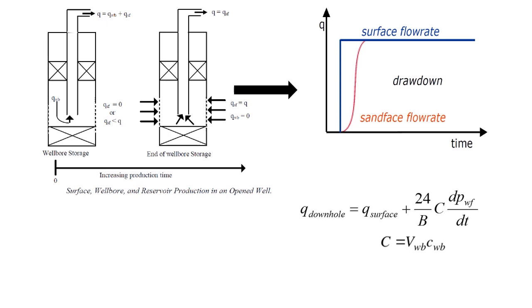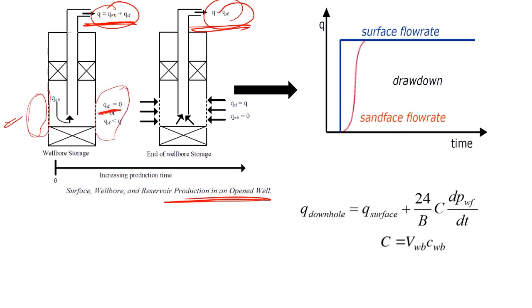Okay, let's move further. This particular diagram is for when I have opened the well. When I open the well, initially whatever I am getting at the surface would be different compared to after some time. Initially my flow from the reservoir is nil. Whatever Q surface I am getting initially is governed by the fluids that were initially present in the wellbore.